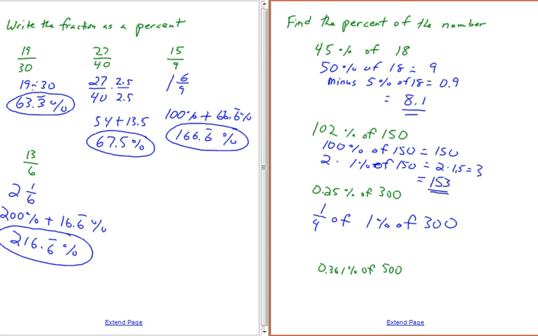What's 1% of 300? 3, right? 1/4 of 3 is 3/4, right? So the answer is 3/4.